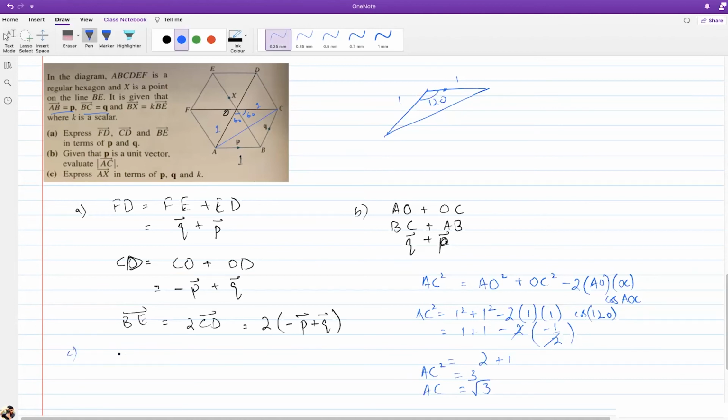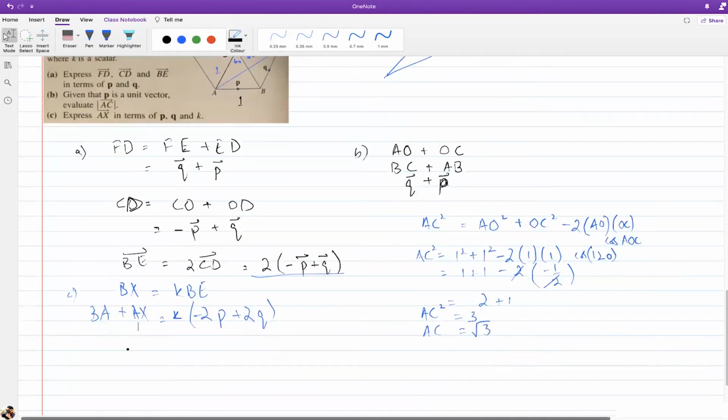I can do it. So this one, you want to find AX. Now I know that BX is going to be k BE. That's given in the question. Now I know BE. We have already found it. So I'll just plug that in there. So it's 2 times minus P plus 2Q. And BX is nothing but going from B to A, then A to X. And there I have AX hidden in there.